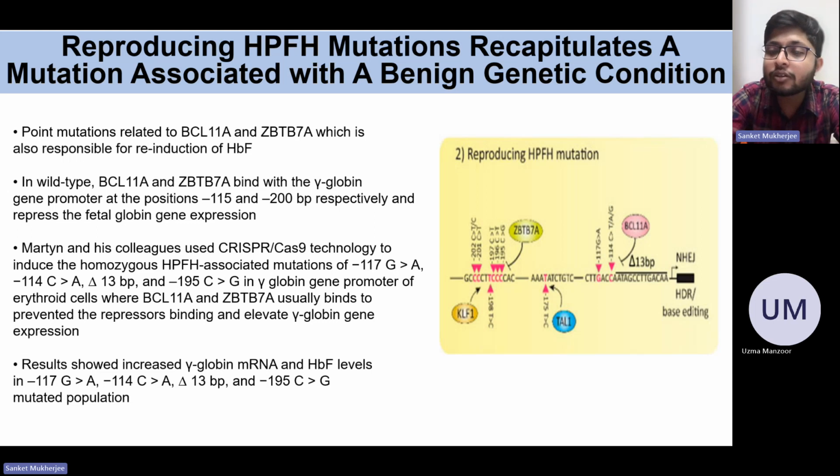Martin and his colleagues used CRISPR-Cas9 technology to induce homozygous HPFH-associated mutations of 117G2A, 114C2A, a deletion of 13 base pair, and 195C2G in the gamma globin gene promoter of the erythroid cells, where BCL11A and ZBTB7A usually bind. Because of this mutation, these transcription factors, which are actually repressors, could not bind to the gamma globin gene and cannot repress it, and hence the fetal hemoglobin levels are increased. So that's what it is.